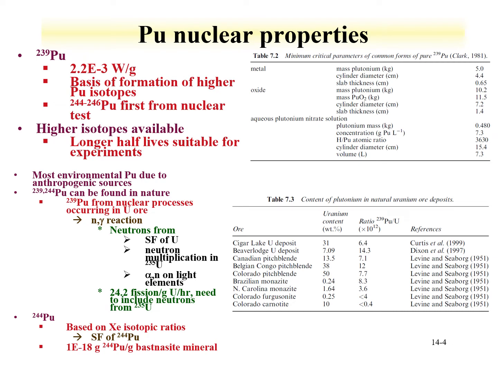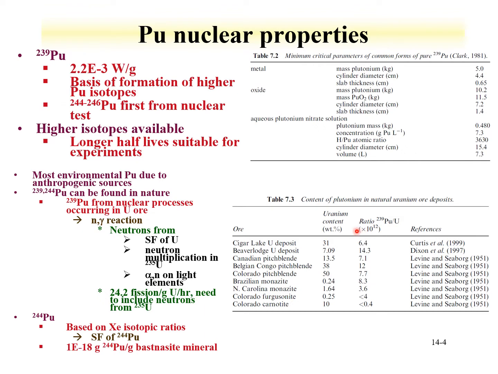There's also a natural component of plutonium that's in the environment, and some of this can be found in ores that contain a lot of uranium. If you think about uranium, it has a very long spontaneous fission half-life, so uranium can emit neutrons from spontaneous fission. If you have ores with a large amount of uranium, such as the Cigar Lake uranium deposits, there is a probability of these neutrons emitted from spontaneous fission capturing onto uranium-238 and creating plutonium-239.